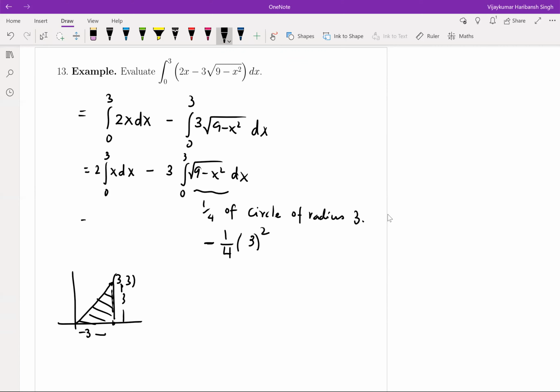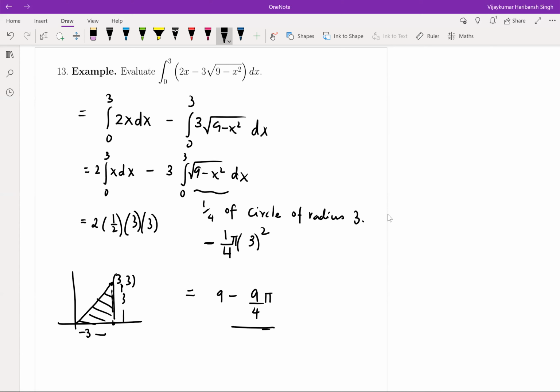So we get 2 times half base times height. Therefore, this is equal to 9 minus 9/4, and it's pi times 3 squared.